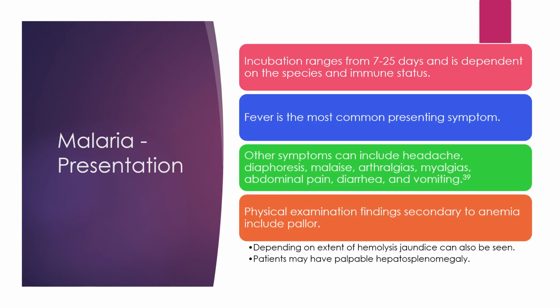Fever is the most common symptom. A number of other symptoms have been described, including headache, diaphoresis, malaise, arthralgias, abdominal pain, diarrhea, etc. Physical exam findings are often secondary to anemia, especially when there is more severe infection, and this can include pallor, conjunctival pallor, for example. And depending on the extent or severity of infection, you can actually have palpable hepatosplenomegaly.